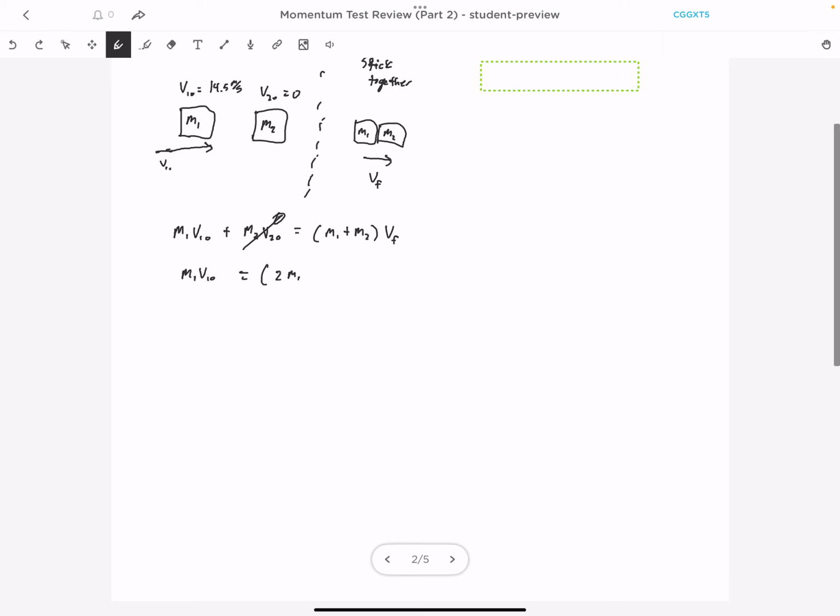So I have 2 times m1 times vf. And then if I rearrange this equation, I can divide both sides by 2m1, and the m1s cancel out. Basically here we have that vf has to equal v1 naught divided by 2.